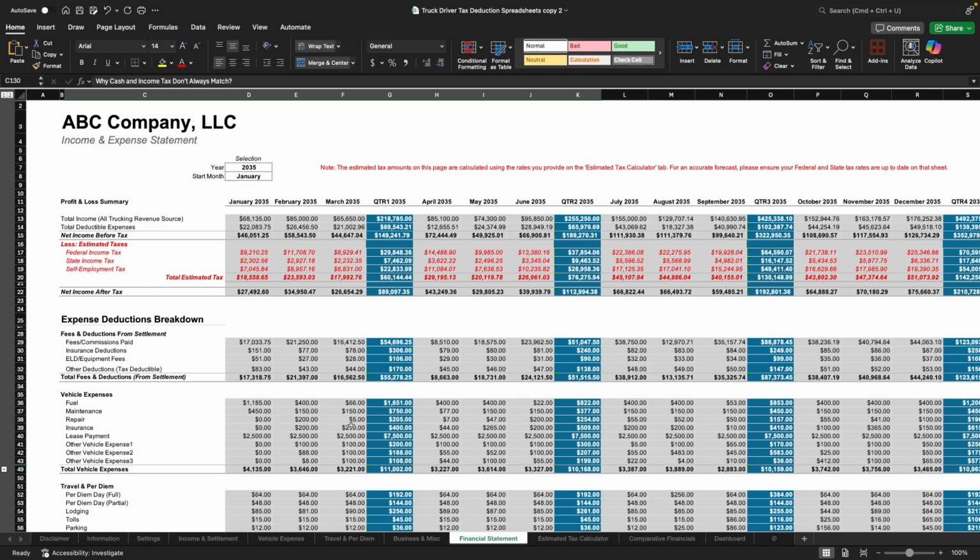So unlike the Ultimate, if you have a look at that, you're going to see it's broken out by fixed and variable, different types of expenses, and it analyzes things by the load. Here, it doesn't care, right? It's just looking at what your income is and what your deductible expenses are and how you increase those expenses so that you can reduce your income and reduce your payment to the IRS, okay?